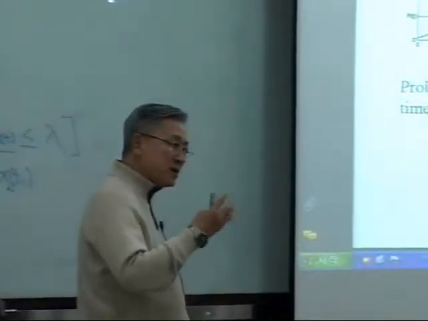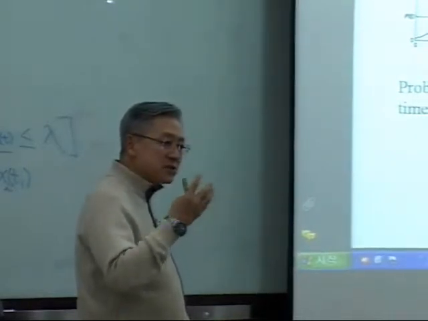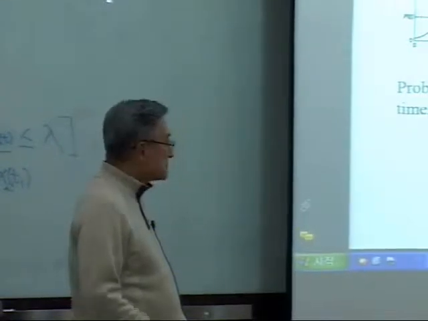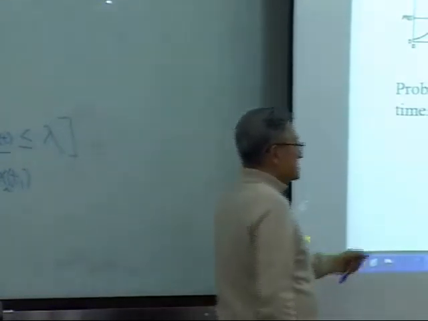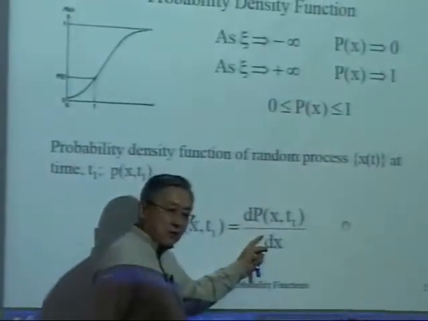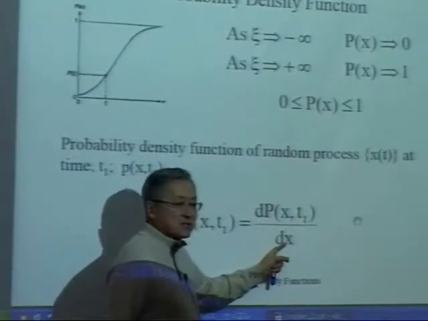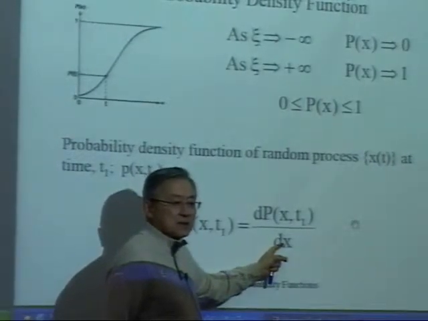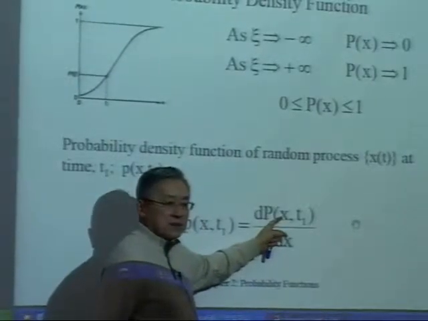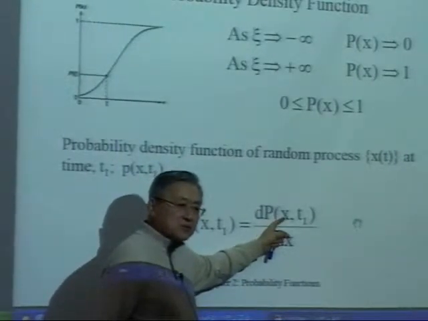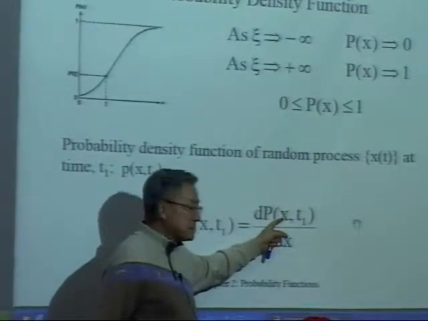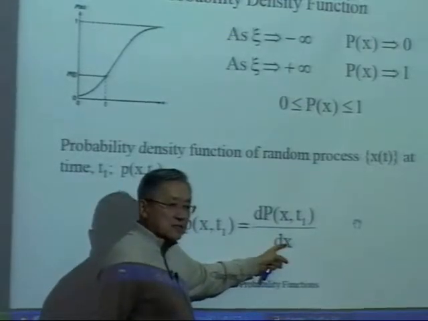Time t1, that implication is stationary, not the ergodic process. And the density function is dP over dx, not dt. Here x is the random variable. x could be a function of time t for an engineering problem. So it's dx, okay?